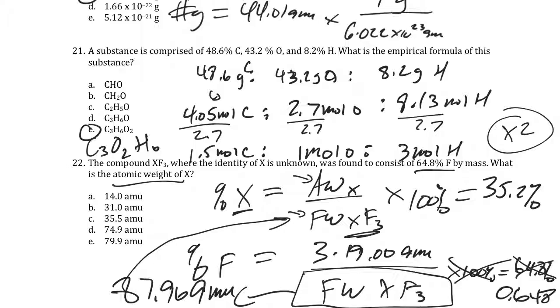So we do 87.96 times 0.352, which gives me 30.96 or 31.0 AMUs. So that would work out to 31.0 AMU in the problem.